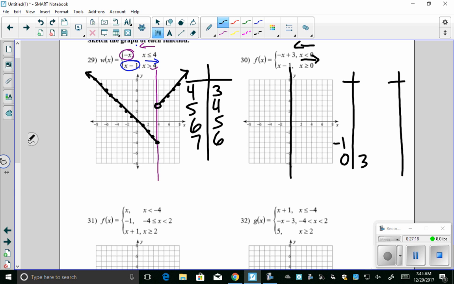Plug in -1, and the negative becomes a positive, so it's going to be 1 plus 2, giving 3. Plug in -2, so that's a plus 2, so it's going to be -2, 5. Plug in -3. The negative becomes a positive 3, so it's going to be 6. Here's another pattern. They're just increasing by one number. So draw your graph. This time it's an open circle.